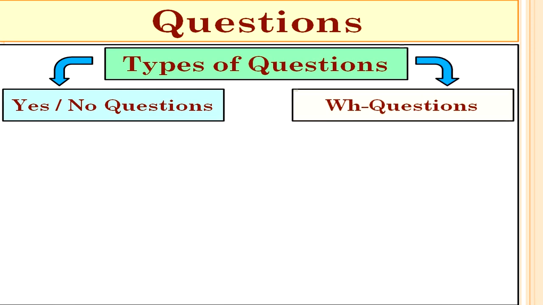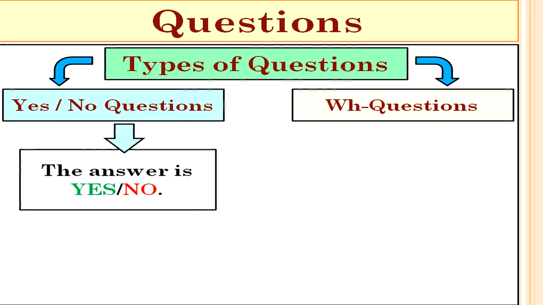What do we mean by these 2 types of questions? A yes-no question is simply a question that we can answer either by yes or no. When I say, for example, "Are you fine?" you say yes, or you say no. So "are you fine" is a yes-no question, okay?